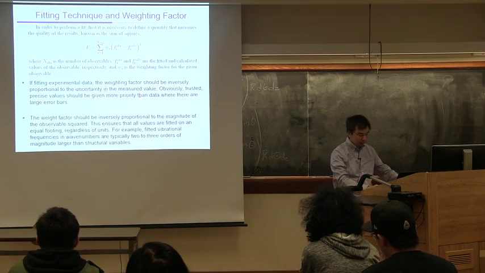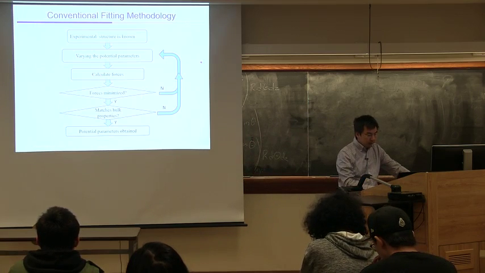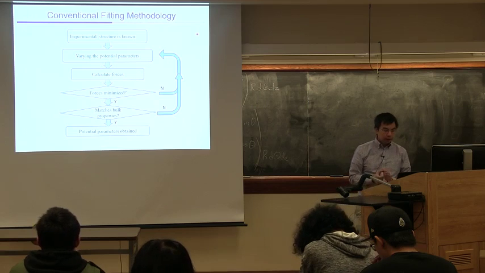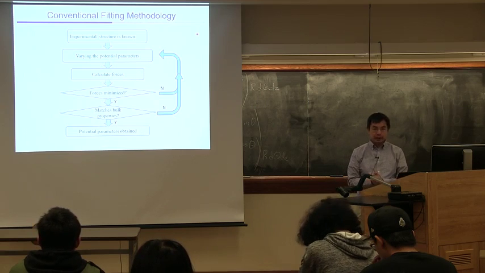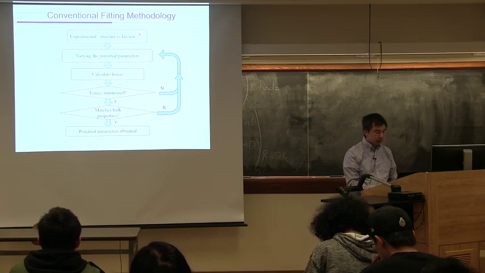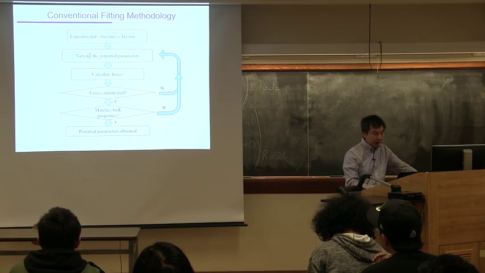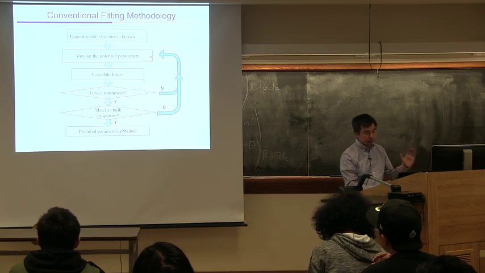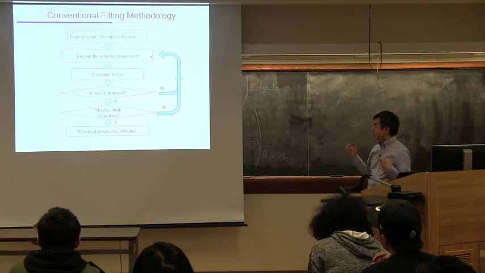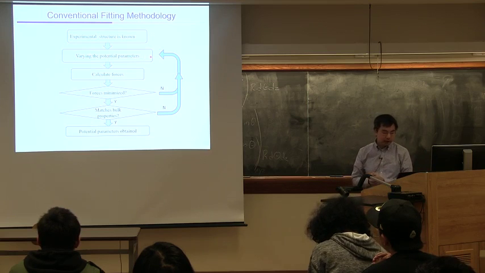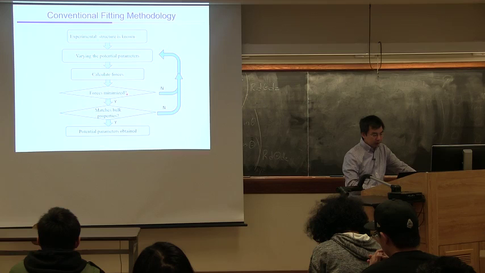Okay, so the conventional fitting methodology is that we have an experimental structure that is known, and then we can vary the potential parameter. You can start with an initial guess of this potential parameter, calculate the forces, and then minimize the force. If the force is not minimized, then you run the loop.